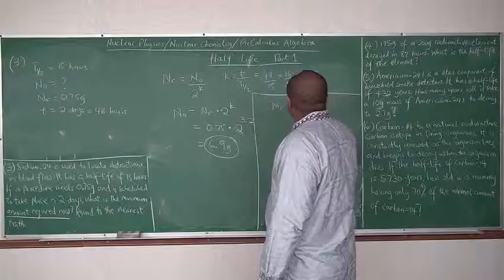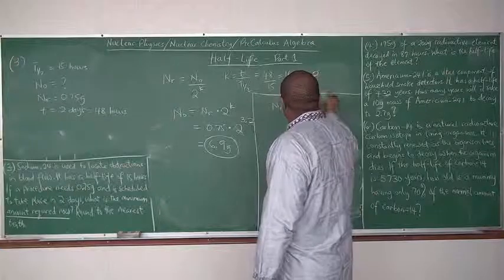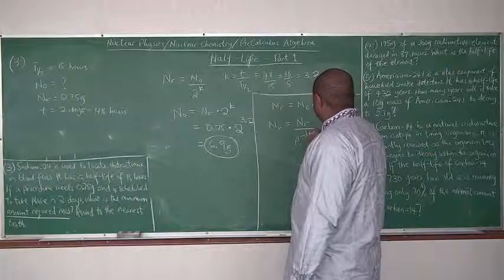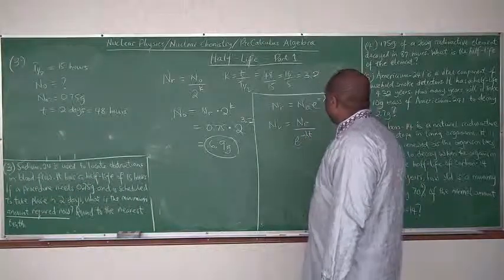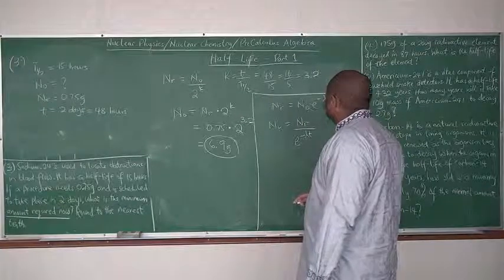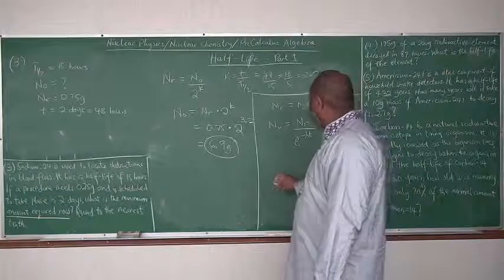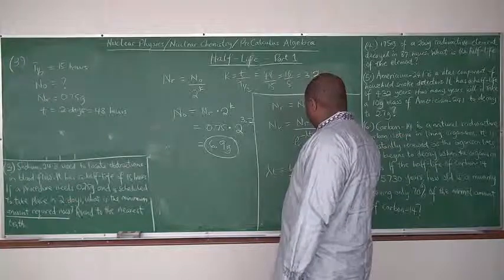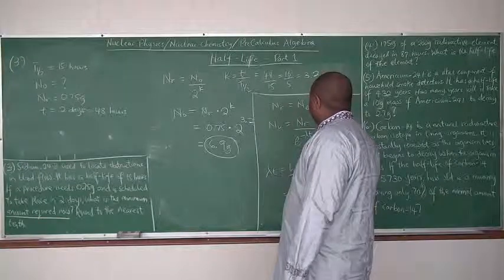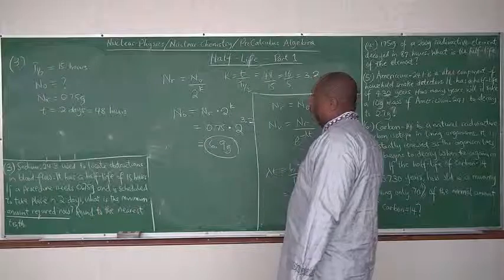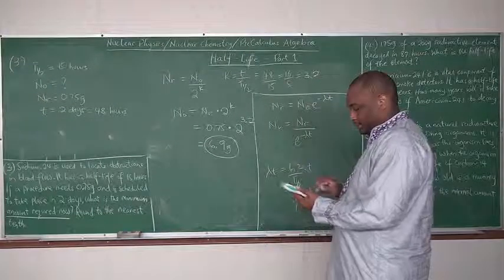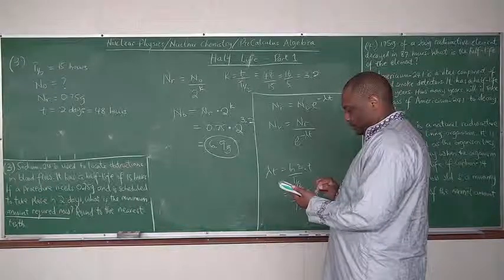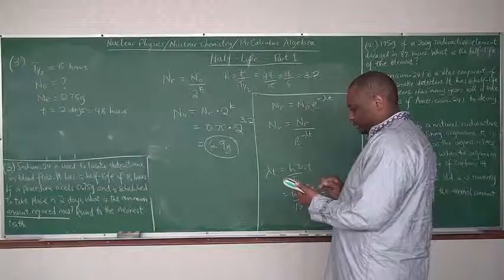N subscript R is equal to N subscript O e to the minus lambda T. So N subscript O is N subscript R over e to the minus lambda T. Lambda T is ln 2 over the half-life times T, which is ln 2 over 15 times 48, that is 48 ln 2 divided by 15.